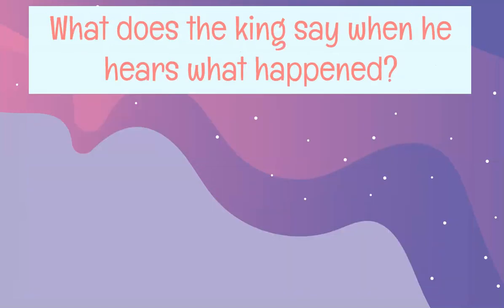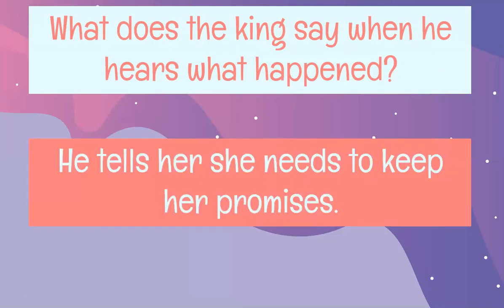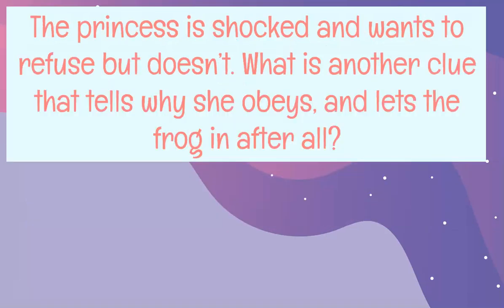What does the king say when he hears what happened? He tells her she needs to keep her promises. The princess is shocked and wants to refuse but doesn't. What is another clue that tells us why she obeys and lets the frog in after all?